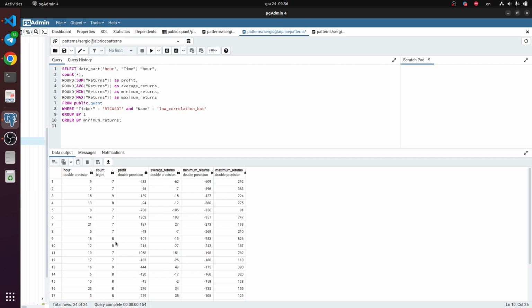For example, if we run this bot during several months, we accumulate more statistics, and we could understand activity from this bot more deeply, and we could exclude some data when we shouldn't trade.